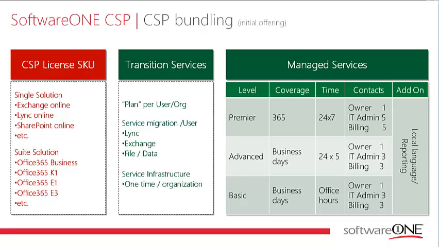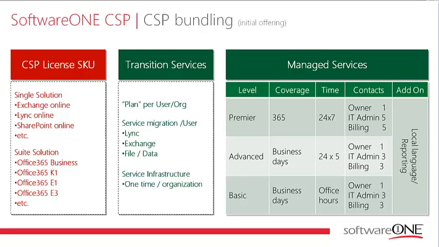So really, at Software One, we've become one of these CSP providers. And what that means is we can sell any Microsoft online product. But when we sell it, we attach a managed service to it, which is cool. It ends up costing, I think, a little more than buying it on an enterprise agreement, but the benefits are amazing.